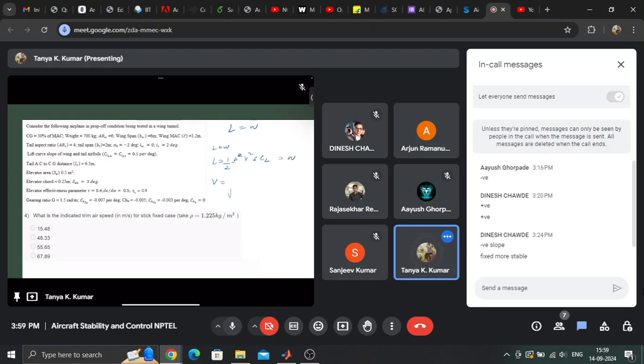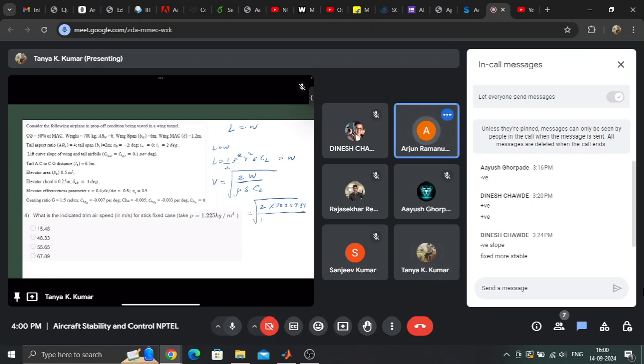So under root 2w by rho S CL, that is under root 2 into 700 into 9.81 upon rho into 6, and CL is 0.8, so I'm getting 48.33.